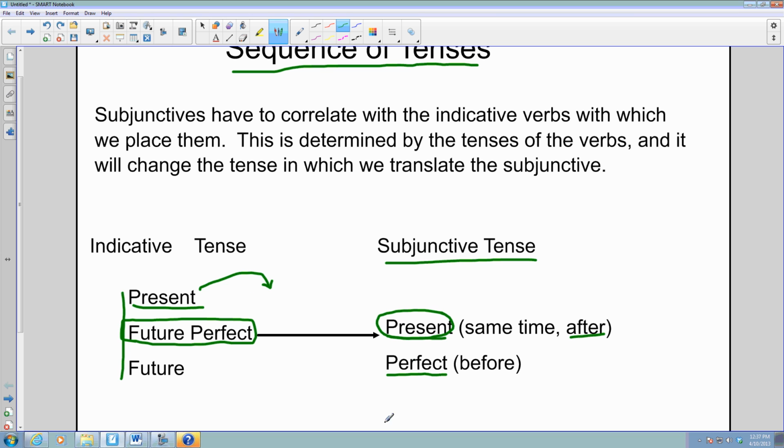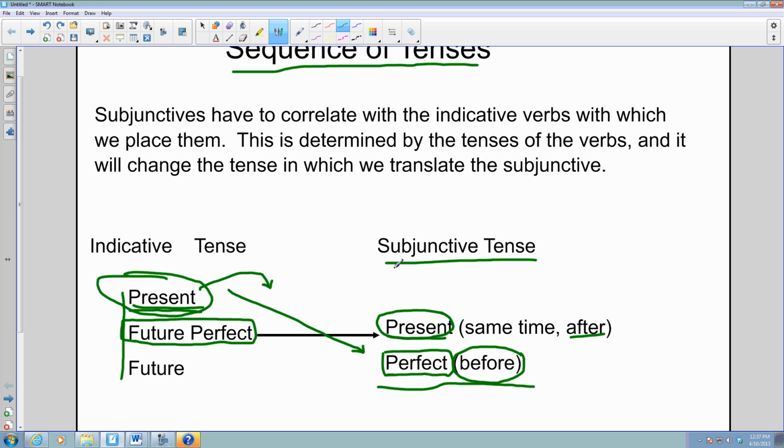When we use the perfect subjunctive, this should make a little bit more sense. If we have a present indicative, then this perfect subjunctive will be translated as any tense that happens before the present. So you're talking about imperfect, pluperfect, or perfect tense that you can translate this subjunctive into if we have a present tense main verb and a perfect tense subjunctive verb.